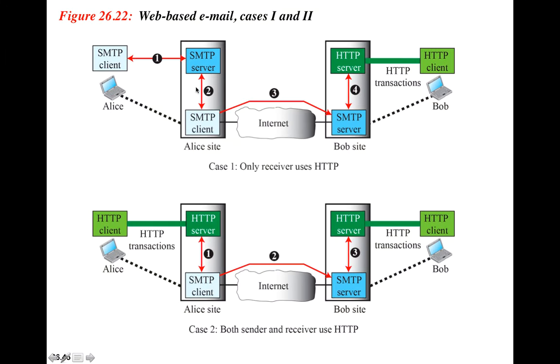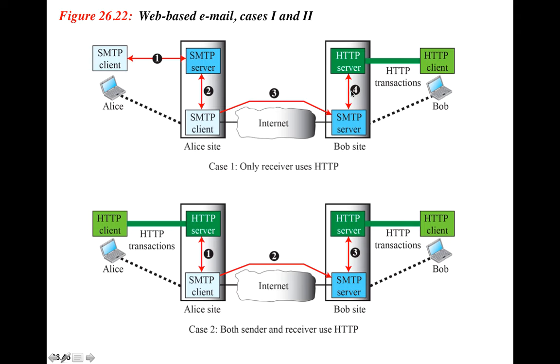So in this case, we have the sender making use of the SMTP protocol as usual to push the information. So we have SMTP client pushing to the SMTP server. Messages get spooled, queued, and then the SMTP client in the sender's server interacting with the SMTP at the receiver. The message goes and gets stored in the mailbox as usual.